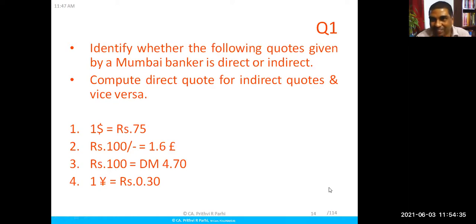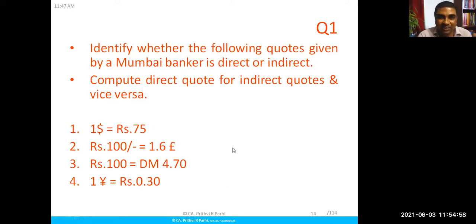Normally the Japanese yen is quoted for 100 yen, but here it is saying 1 yen is equal to 30 paisa. Then this is one unit. This is home currency per unit of foreign currency, so it is direct.